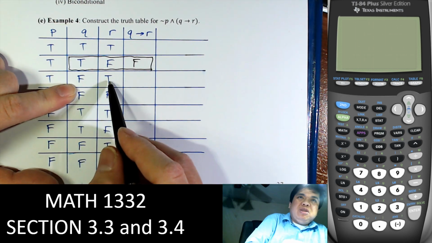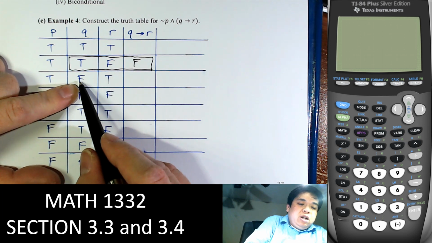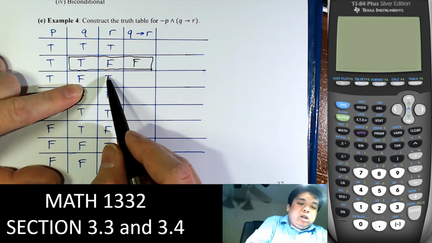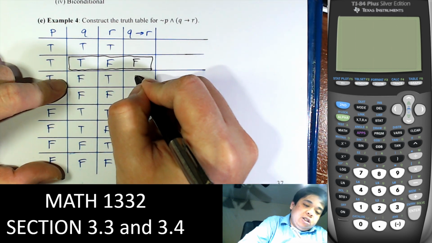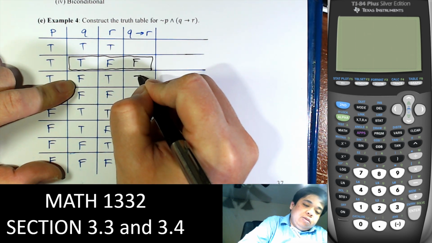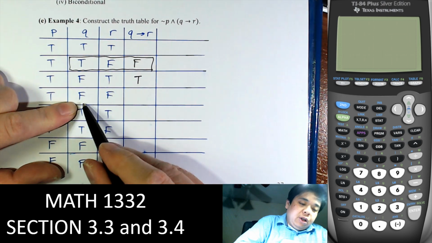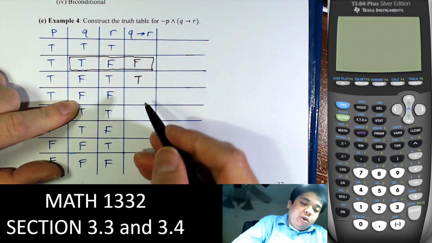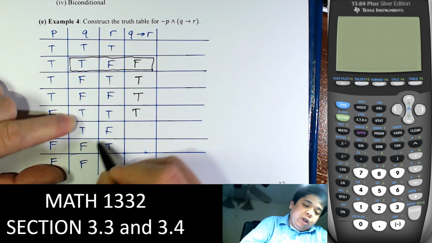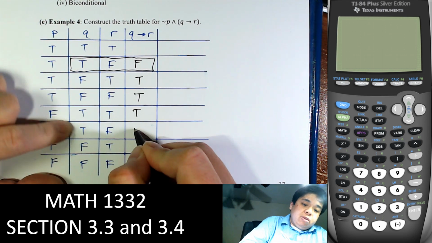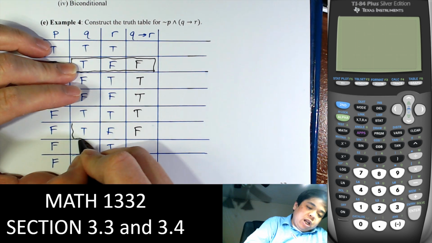Doesn't matter what we start with; if it is false, it doesn't matter what we have for the second statement, it will be true regardless. And false implies false, like I said, if we start with false, it will be true.